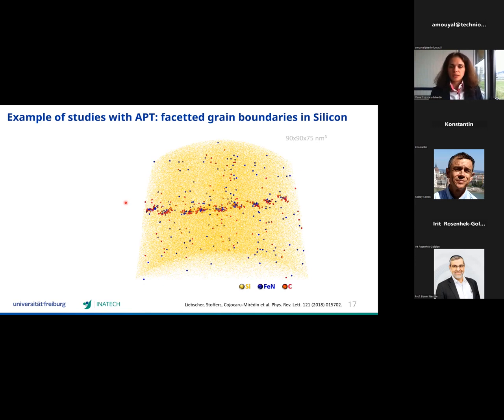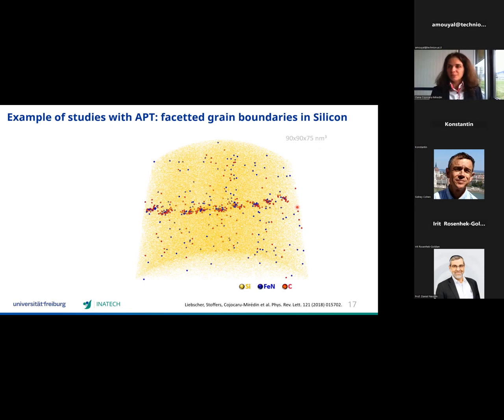We observed with the atom probe that at the faceted grain boundary we have an accumulation of iron and carbon. Iron is a well-known element which, if it accumulates at the grain boundary, creates deep charge defects and then increases the recombination between electrons and holes.